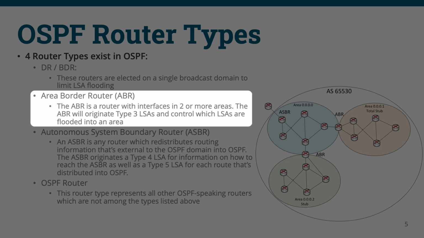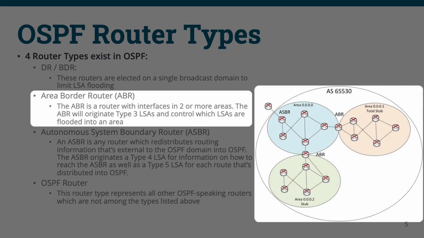The ABR will originate Type 3 LSAs and control which LSAs are flooded into any of the areas it is connected to. In our diagram, we see two ABRs are present, one at the boundary of area 0 and 1, and another at the boundary of area 2 and 0.